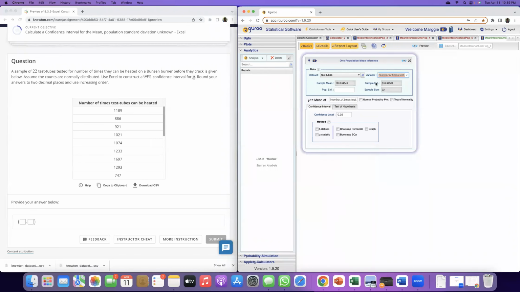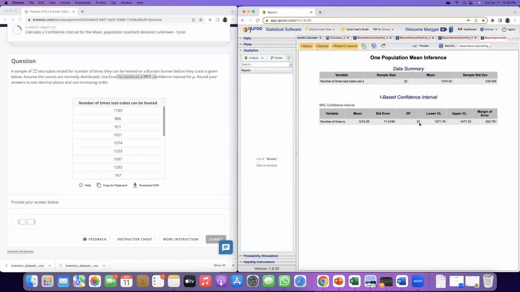Again, sample mean, sample standard deviation, and sample size are all done for me. The label is done for me. I'm going to change this to 99% because that is what it's asking us to do. Again, it's a t statistic for the method because we don't know the standard deviation of the population.